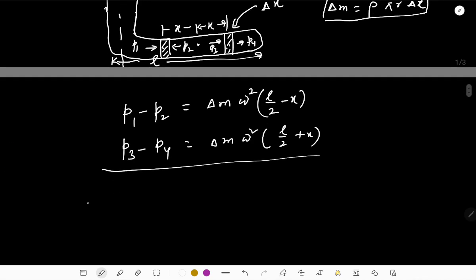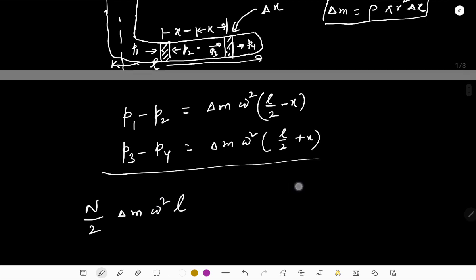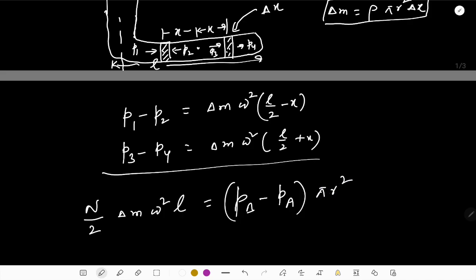So adding all the equations, I can write n by 2 delta m omega square L, because you can see here x gets cancelled out, and it equals the pressure PB minus PA, and since this is the force, I would also add the area, pi r square.